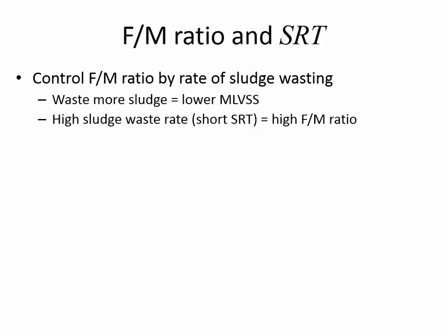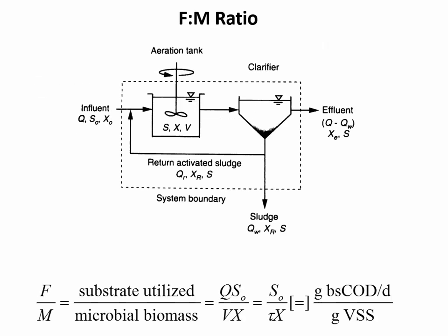So there's not very much X, but there's a lot of S in the case of a high F to M ratio. What that'll mean is that you have a lot of sludge that's being wasted. And that can be expensive because when we waste sludge, it doesn't just instantly go to outer space. This sludge is going to be very costly to handle.